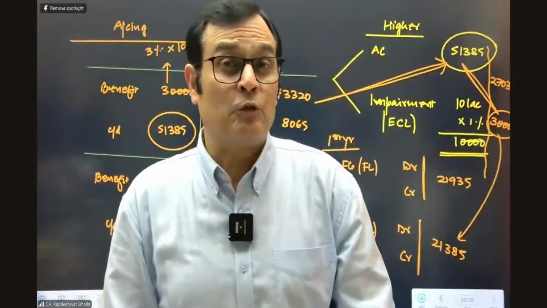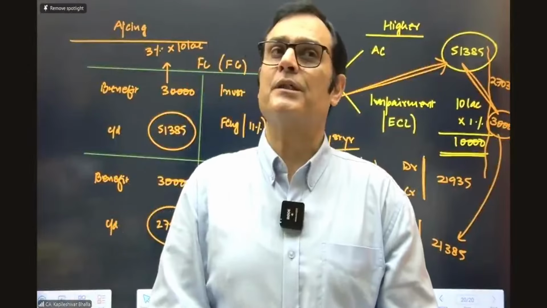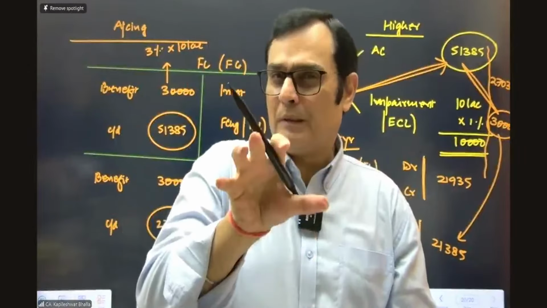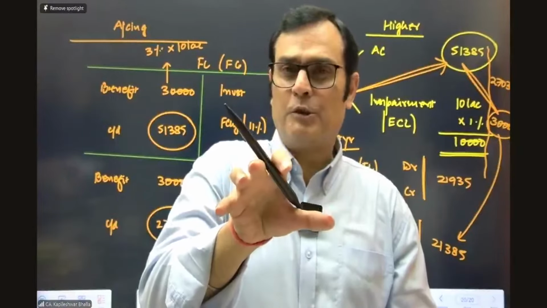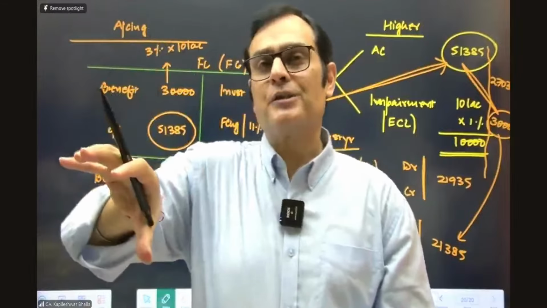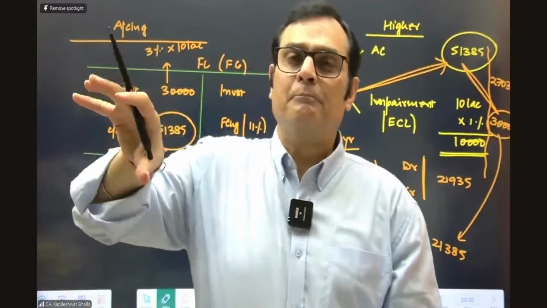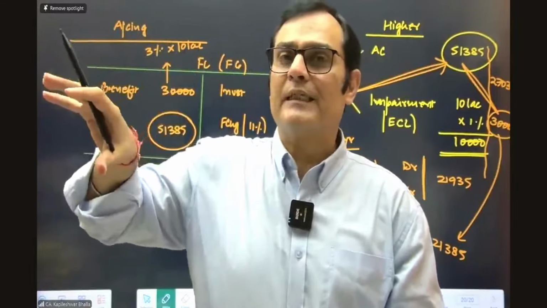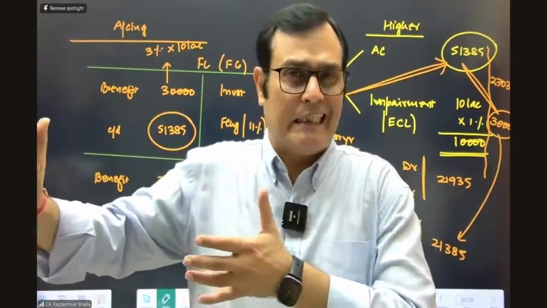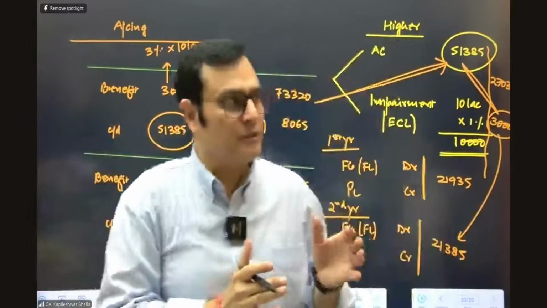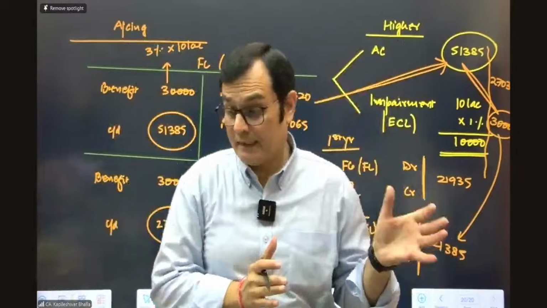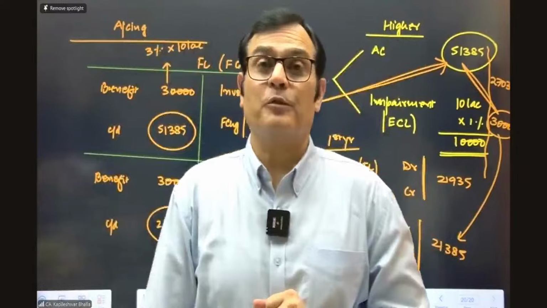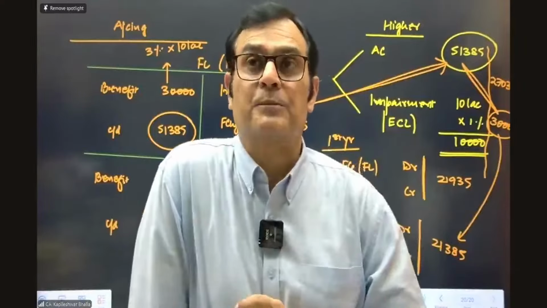One is the difference in transaction value and fair value differences, and the concept of prepayments of loans. That was a special issue. Then comes the derecognitions concept, and then comes the impairment concept, and then comes the hedge accounting concept. That's how the entire mind gets mapped up in terms of this. So I think that brings us to the end of the revisions on financial instruments.